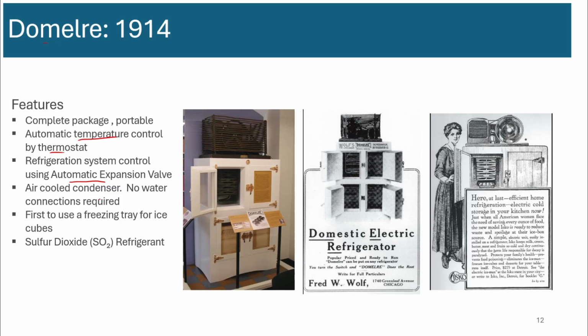It had an air-cooled condenser, so no water connections were required, and the working fluid or refrigerant was sulfur dioxide. Sulfur dioxide is extremely harmful. In today's world, there are no refrigerators that use sulfur dioxide, especially inside a house. But in those days, this was the starting of the refrigeration system. Safety was not a top priority.